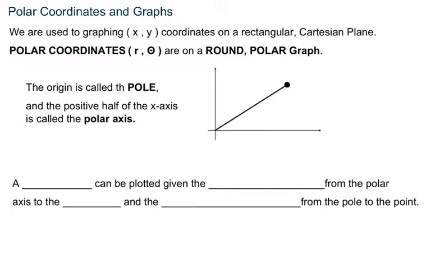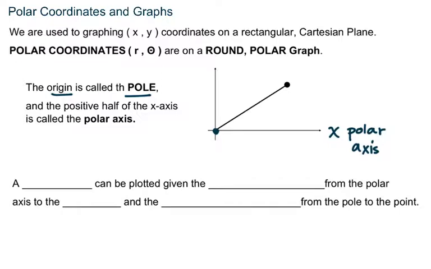As we think about identifying some of these attributes of polar coordinates, we have a pole. This is my pole, the origin. And the positive half of the x-axis is my polar axis. This is always where we're going to start, on the positive x-axis.